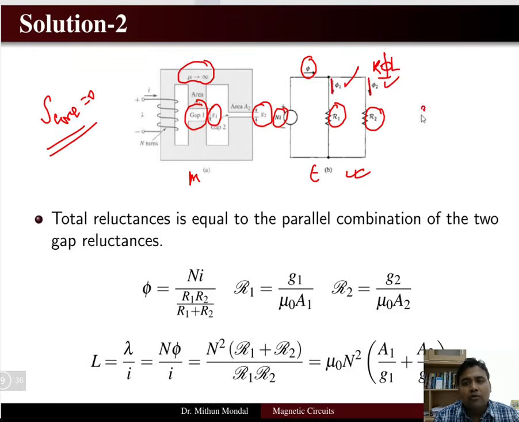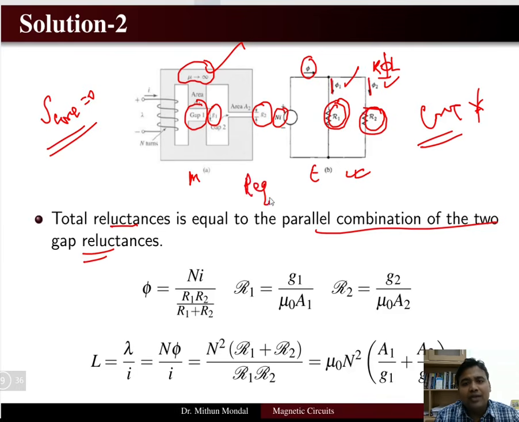There is no role of the core, since its permeability is infinite. The total reluctance is the parallel combination of the two gap reluctances. These two reluctances are in parallel, so you can easily calculate the equivalent reluctance.